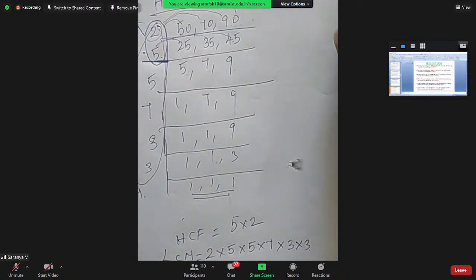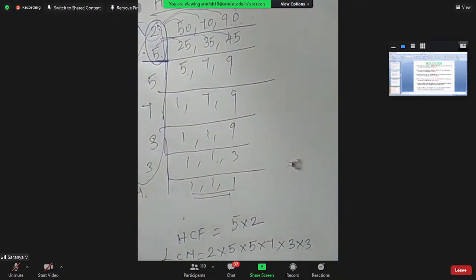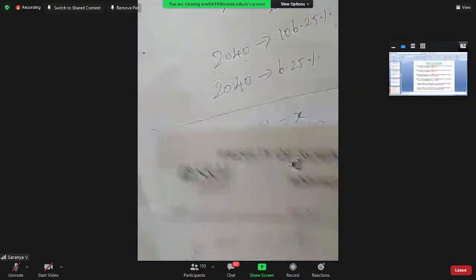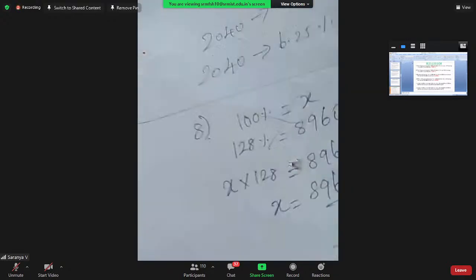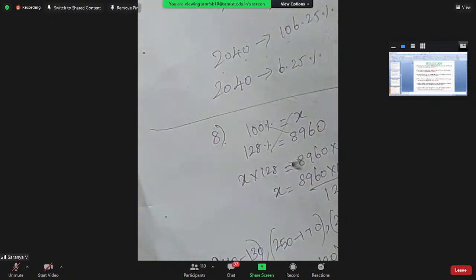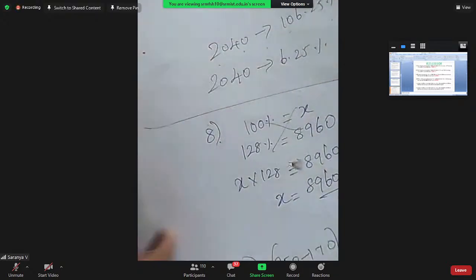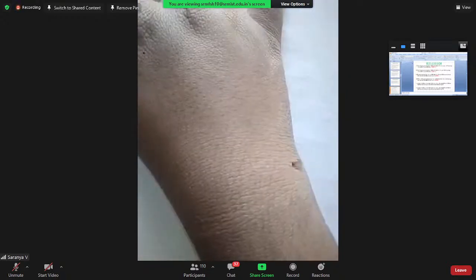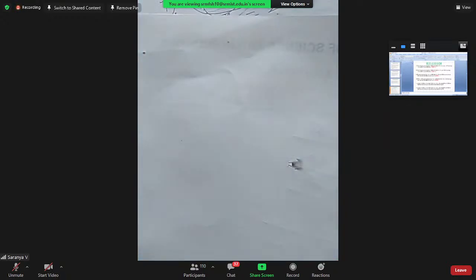It is a placement question, a Wipro question, taken from an old question paper. Read the question again. Question number 7.